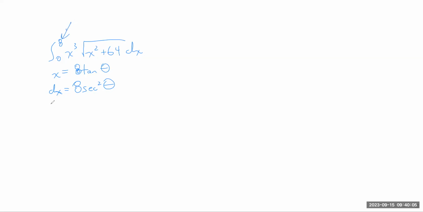Those are x's, which means 0 equals 8 tangent theta and 8 equals 8 tangent theta. We didn't even go far enough to get to a u substitution for this one, so it's a little less ambiguous how the transformation of bounds goes. But yeah, those are x values.